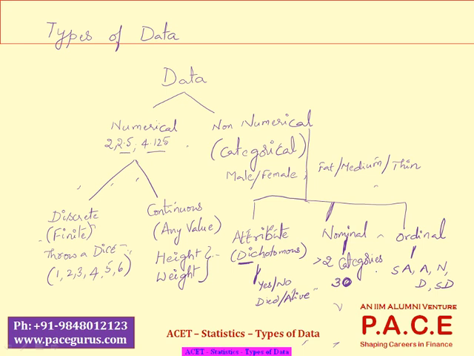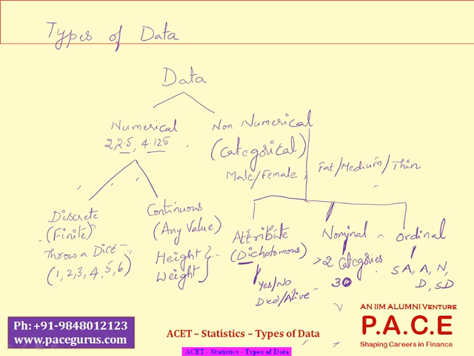Wherever the categorical values of a variable are in some ascending or descending order, I look at it as an ordinal variable, ordinal data.